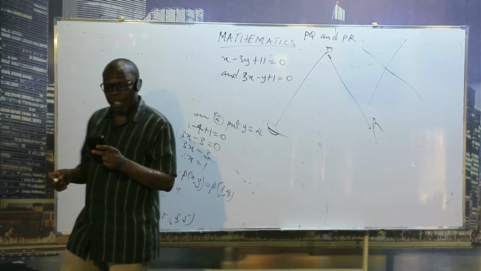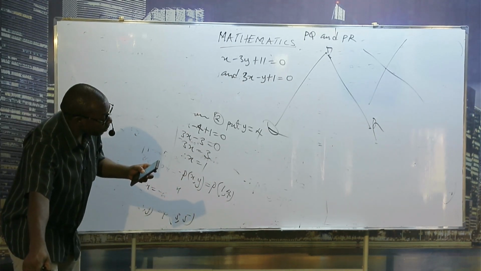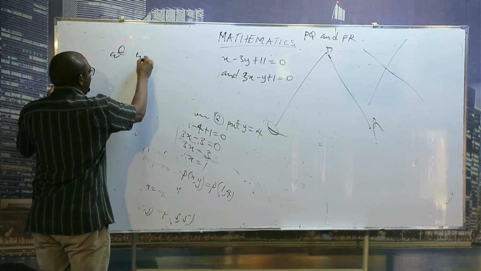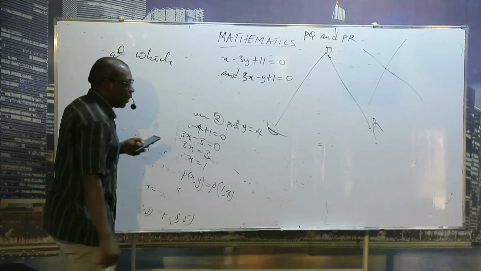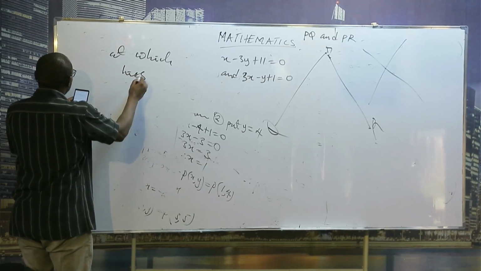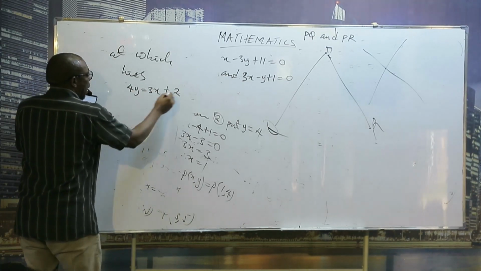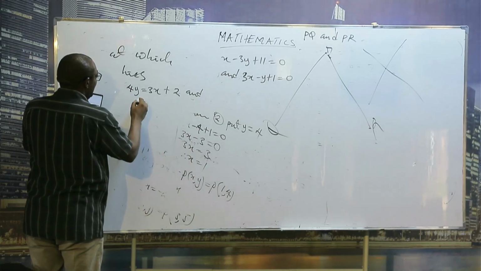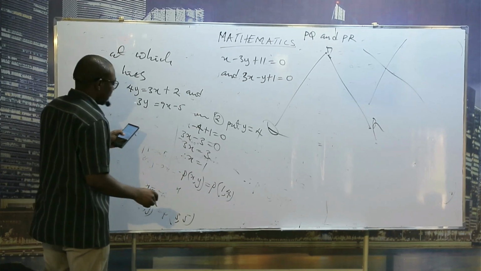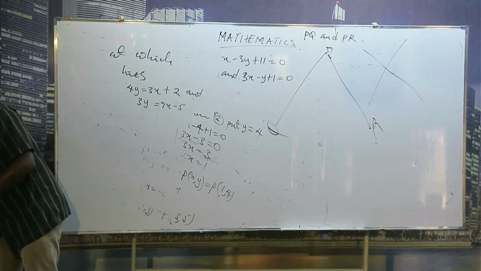You don't know. What did I say there? Find the point at which the lines 4y equals 3x plus 2 and 3y equals 9x minus 5 intersect.